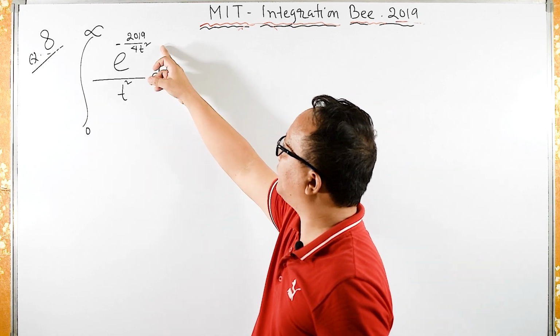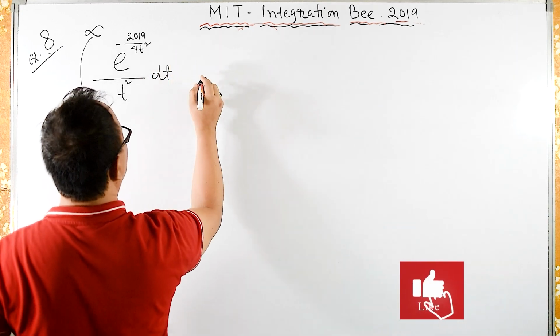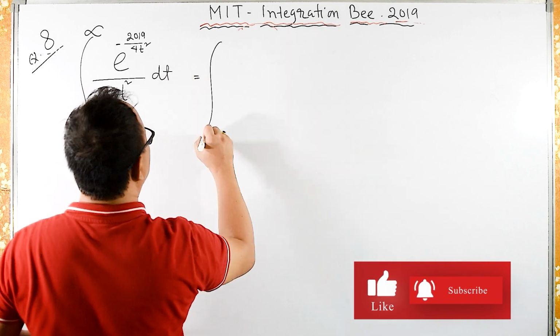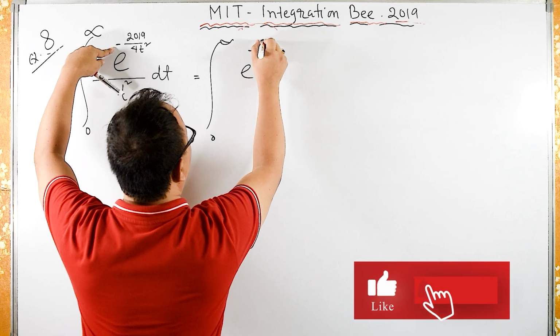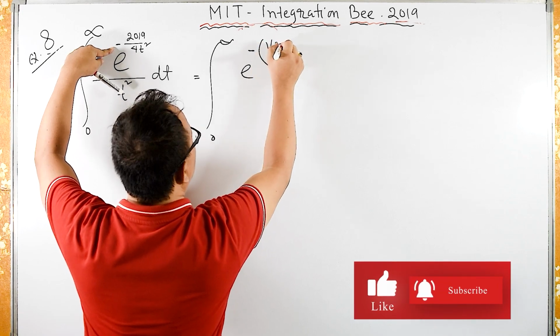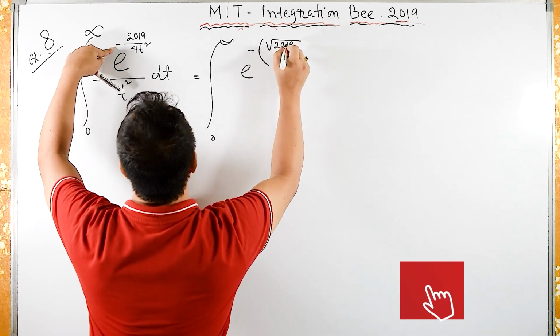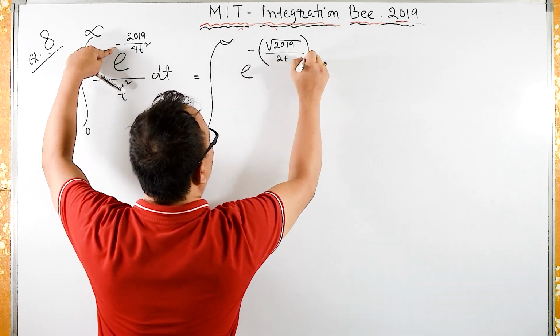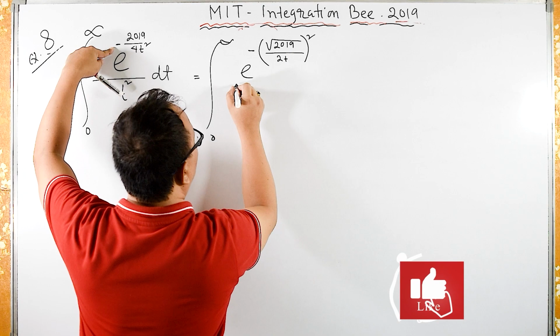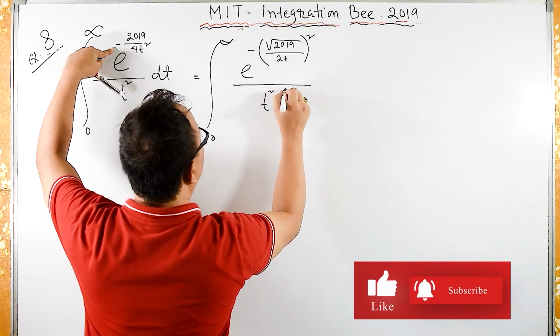So now if I start from here, I will do some adjustment over here. This is the same as the integral from 0 to infinity of e raised to minus of the square root of 2019 upon 4t square, the same as (2t) the whole square upon t square dt.